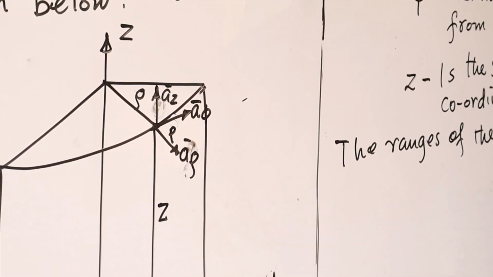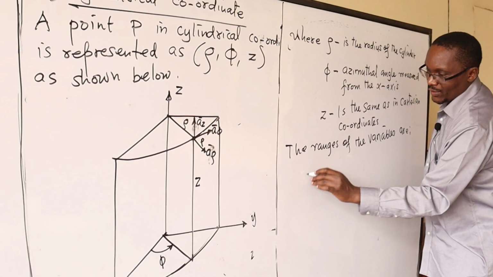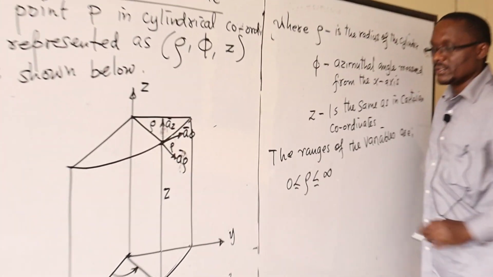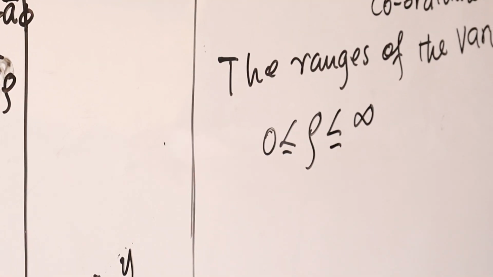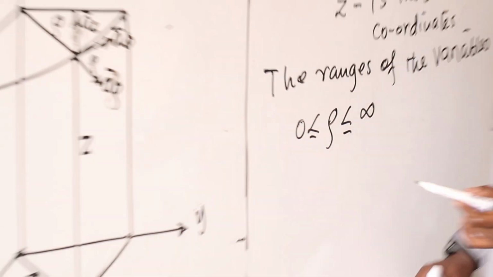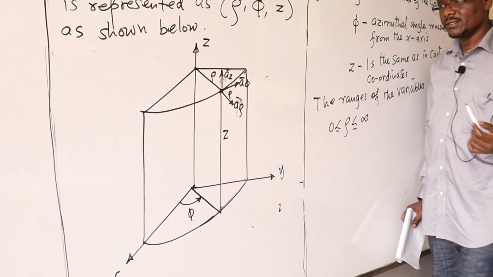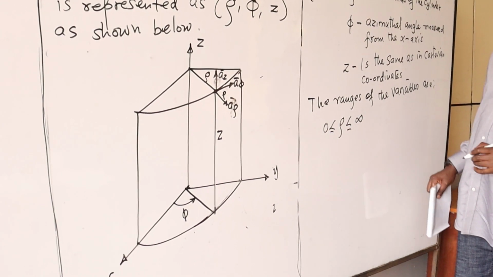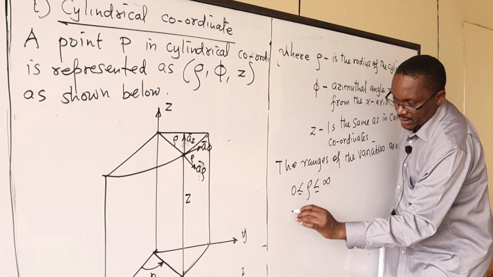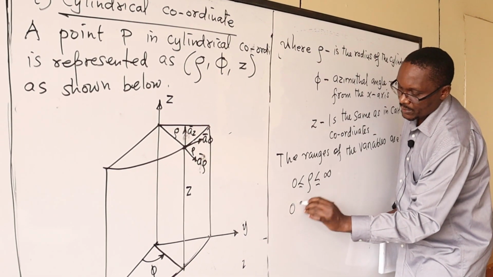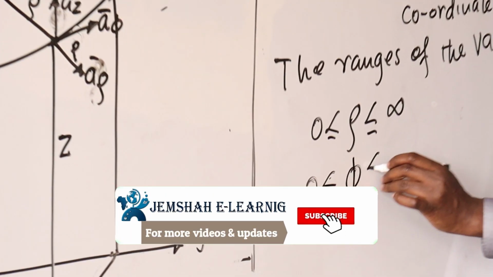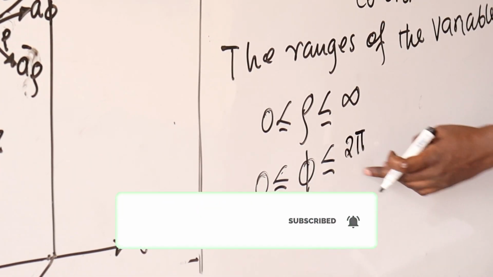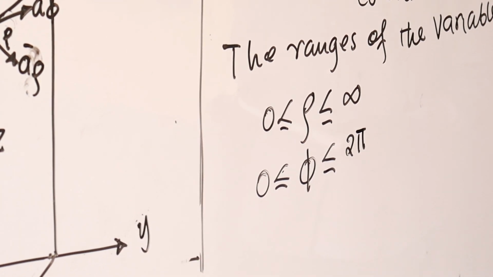The cylinder can be so big, so rho will range from 0 to infinity. Similarly, since the whole circumference of the cylinder makes an angle of 360 degrees, phi will range from 0 to 2 pi, which is in radians equal to 360 degrees.